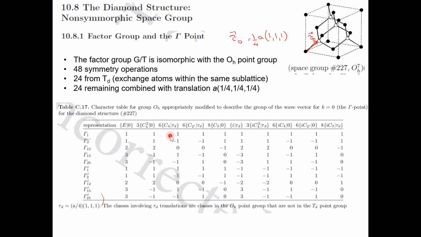Okay? For instance, this one, this one, this one. So we make sure that when we write the character table for this group, we are specific about what precisely the symmetry operations are, which are compound operations that you must combine with the translation vector to take the crystal into itself. Okay.